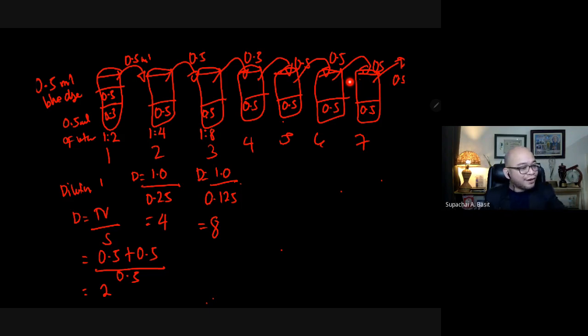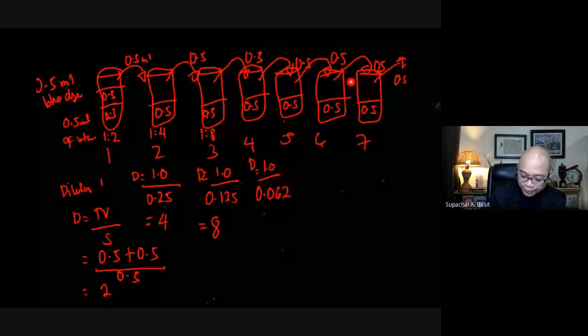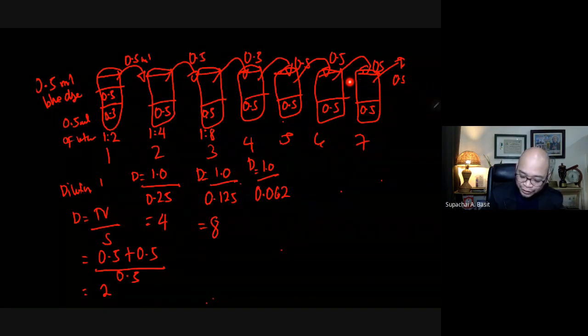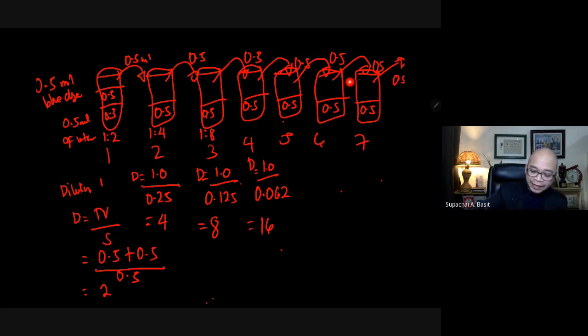Now half of 0.125 is 0.0625. So 1 over 0.0625 is 16. So the dilution in tube number 4 is 1 is to 16.